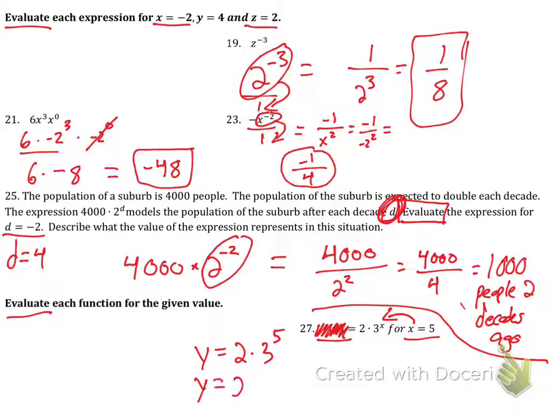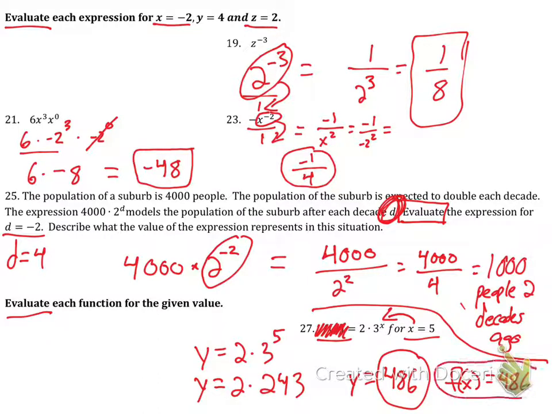So y is equal to 2 times 243, and I'll get 486. So if you wanted to, you could circle this right here, or you could rewrite it saying f of x is equal to 486. Either one of those two circled would be fine.